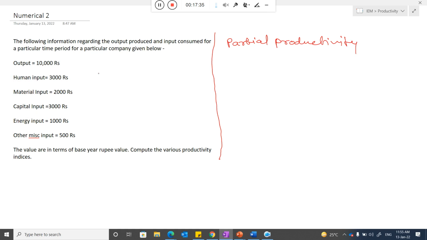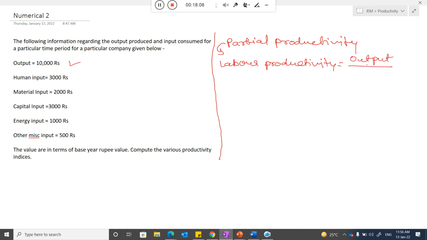So for partial productivity, suppose first I try to identify the labor productivity. It will come into the partial. So what is the labor productivity? As I just discussed, it is nothing but the ratio of output and input, right? So what is the output here? That output is given here, that is 10,000.